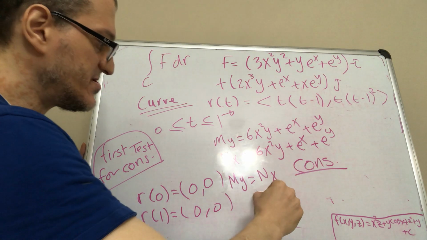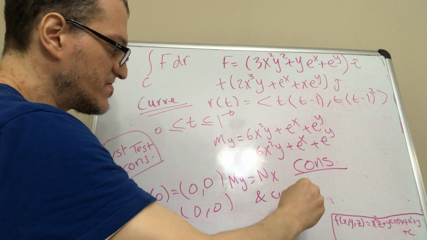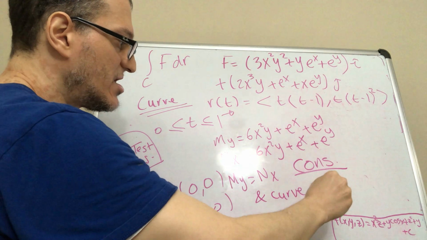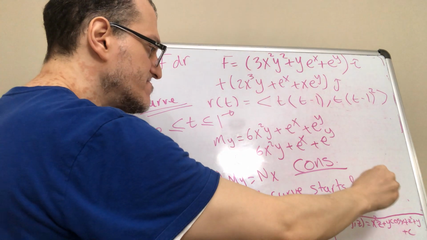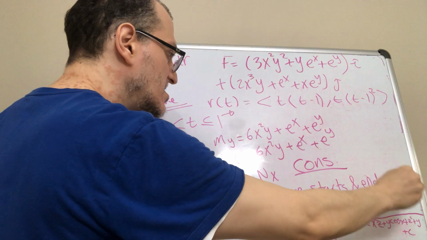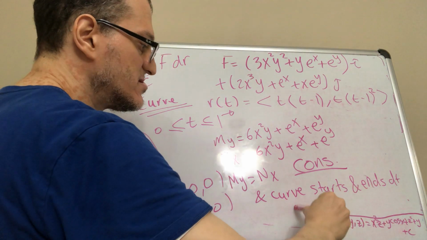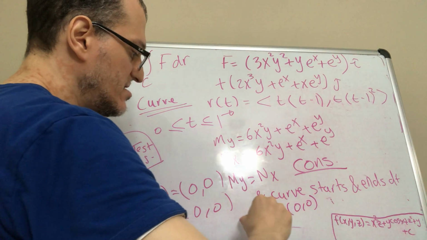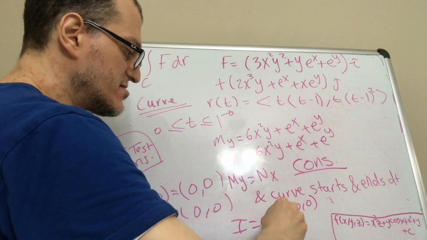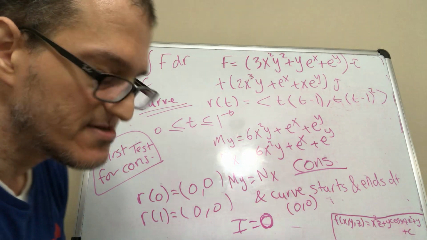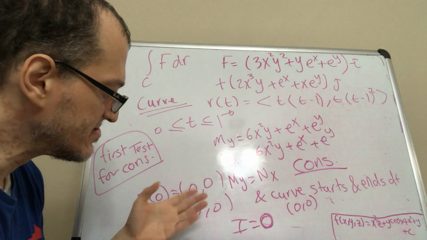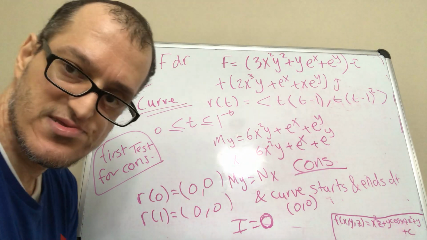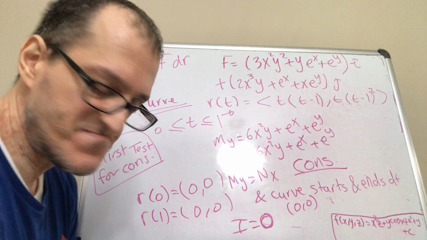So it's conservative, and the curve starts and ends at 0, 0. Therefore, the integral is 0. So if it's conservative and it starts and ends at the same point, it's 0. Good?